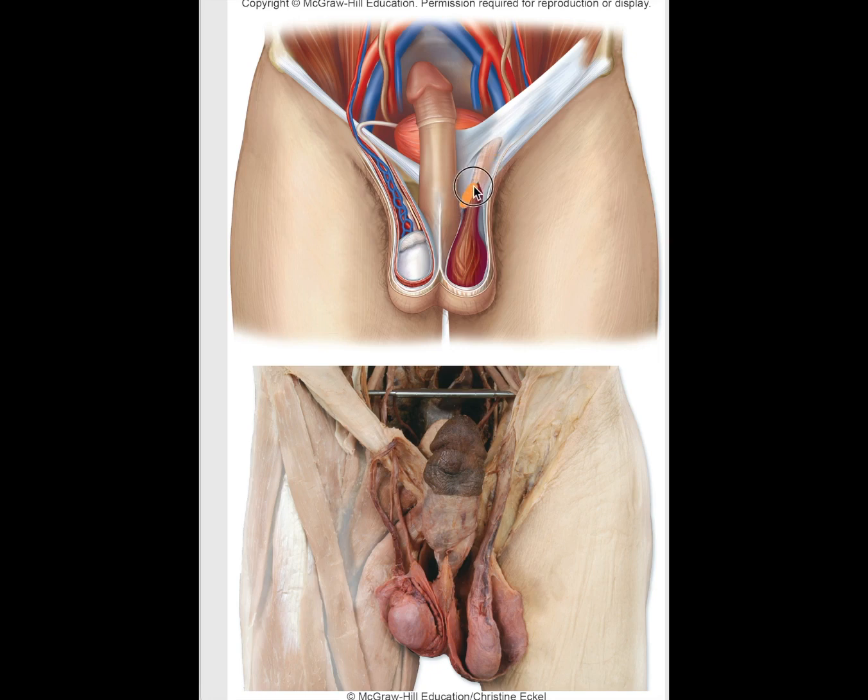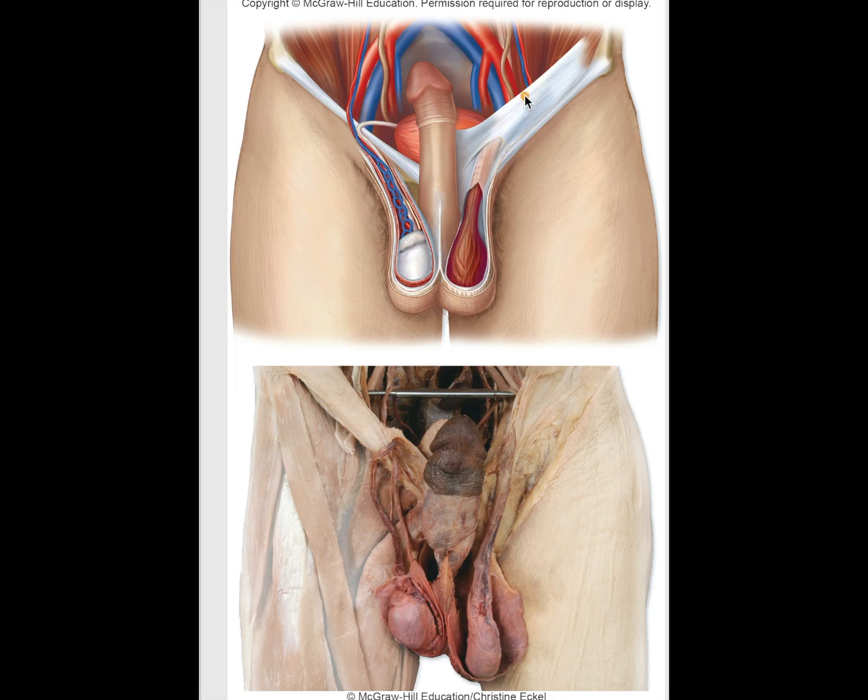So that's where the spermatic cord first enters into this big inguinal ligament here. So the inguinal ligament, we've got like this aponeurosis here. So the spermatic cord is going to, actually it's up here, sorry. The spermatic cord is going to enter into that aponeurosis through the external inguinal ring.